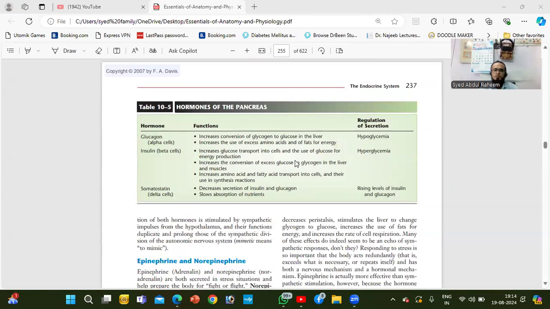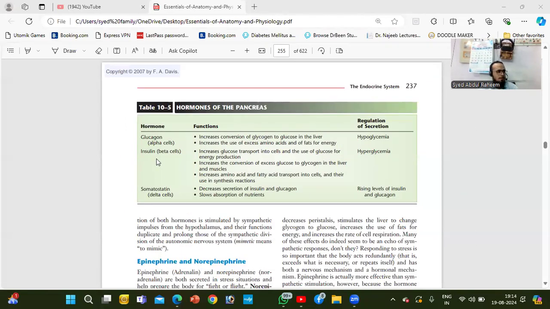Let's discuss. Basically, in the pancreas we have three types of cells: alpha cells, beta cells, and delta cells. The second thing you have to know is that the pancreas not only does endocrine functions, it also does exocrine functions.